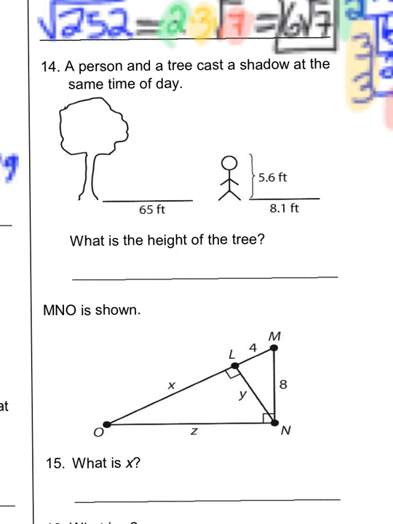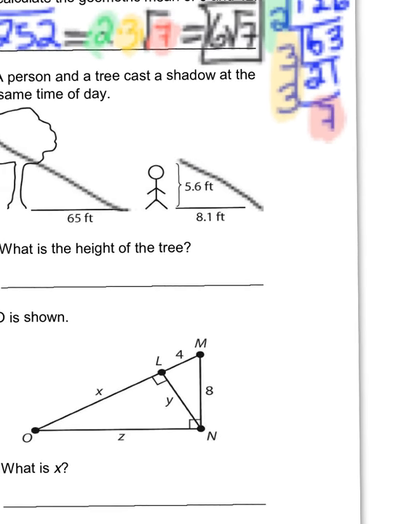On number 14, that's very similar to our building problem earlier. We do not know the height of the tree. But if we turn these into triangles, now we have similar triangles. And so now you can find the height of the tree by using proportions. So we are going to set up a proportion. X over 65 equals 5.6 over 8.1.